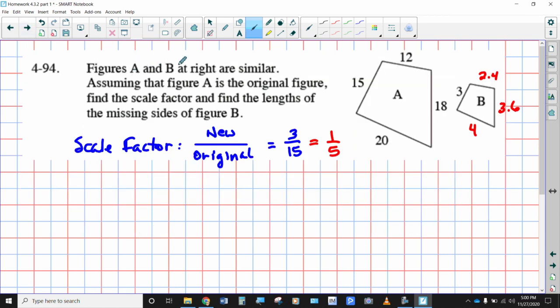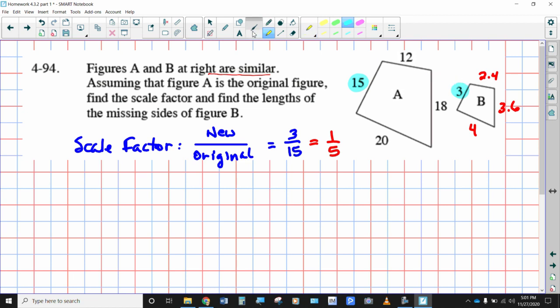All right, figure A and B at the right are similar, which means that there is a common scale factor that you would multiply times one side to get its corresponding side. So what is that number? So if you take your 15 and your 3, those are the known sides, right? Those two sides are in the same exact location, given the two similar figures. So this is where we're going to find our scale factor.